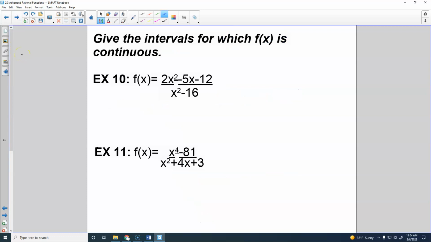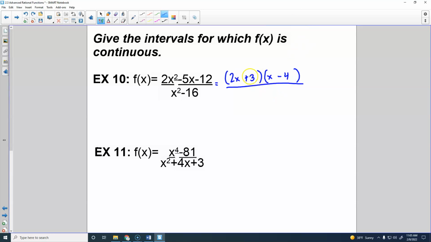All right, let's see if we can get these last couple done. So I'm going to try to move pretty quickly. The top, we're going to factor. We'll get 2x and x. We need, somebody get it for me, minus 4 here, plus 3 here, I think will work.